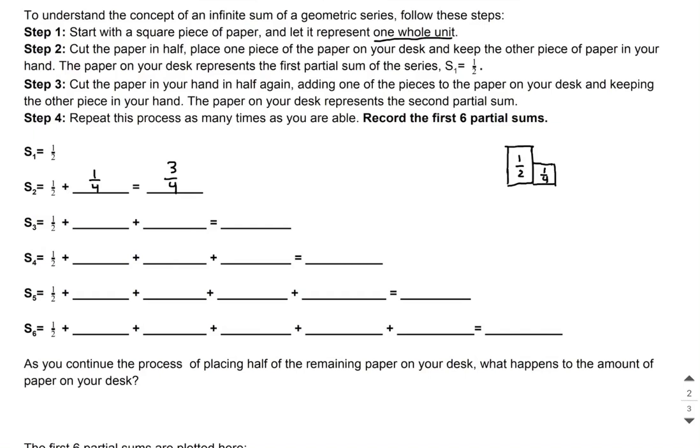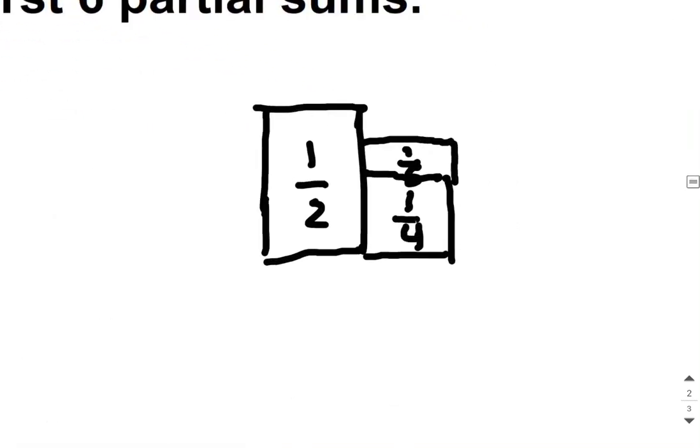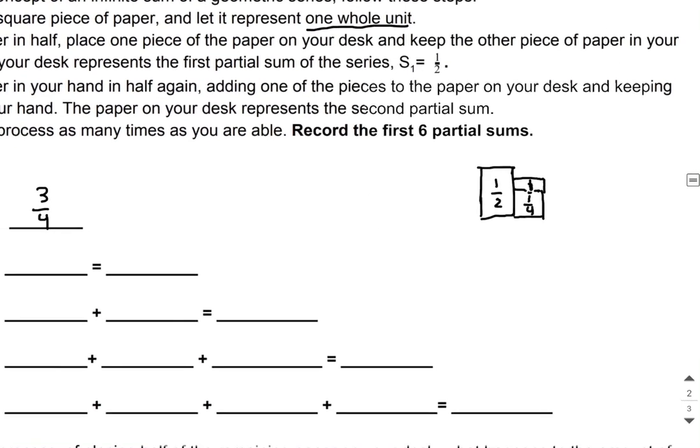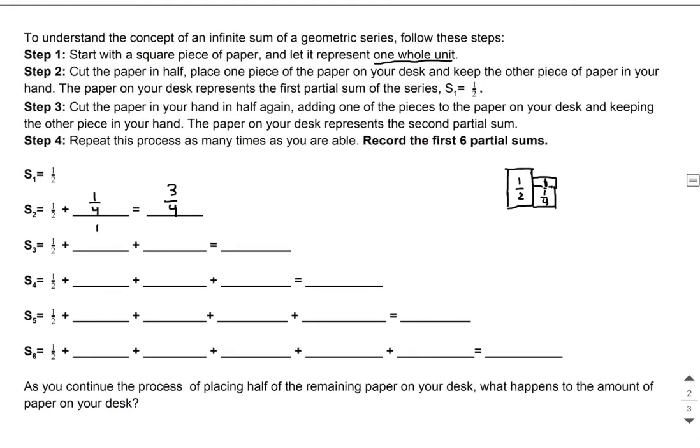The next thing you're going to do is cut the 1/4 that's left in your hand in half. After you cut it in half, you're placing 1/2 of it on your desk in front of you. This piece of paper is 1/8, and I should make this larger. This piece of paper is 1/8. And then you're adding 1/8, so 1/2, 1/4, 1/8 together, and you're going to get a total of 7/8.